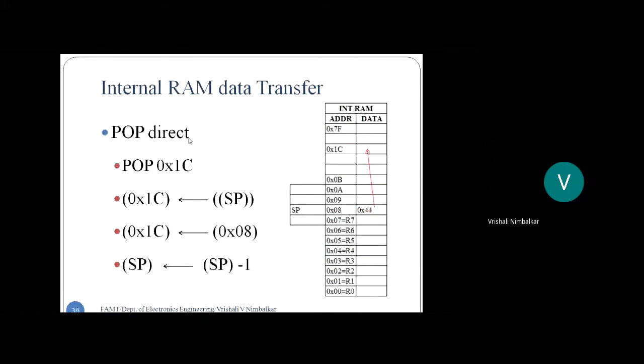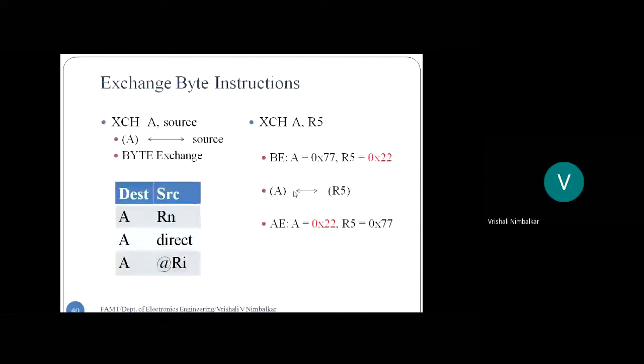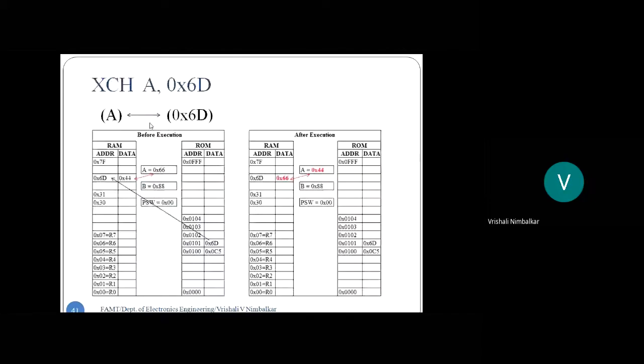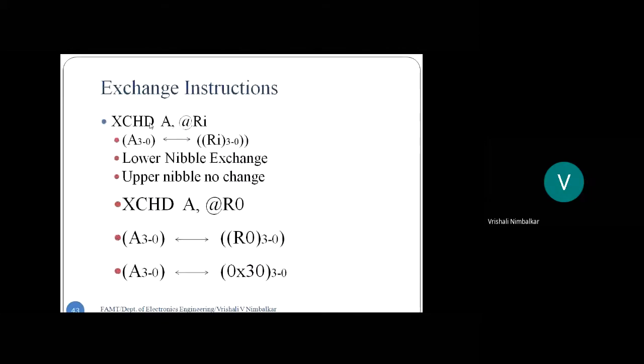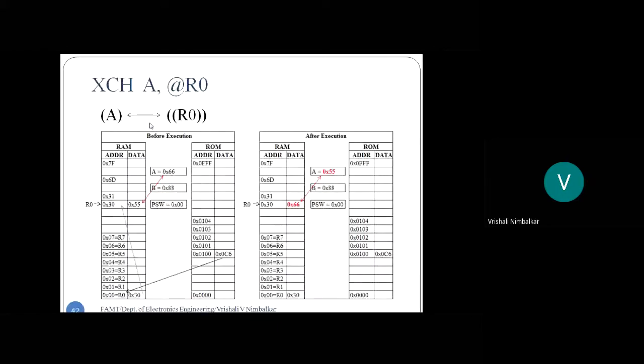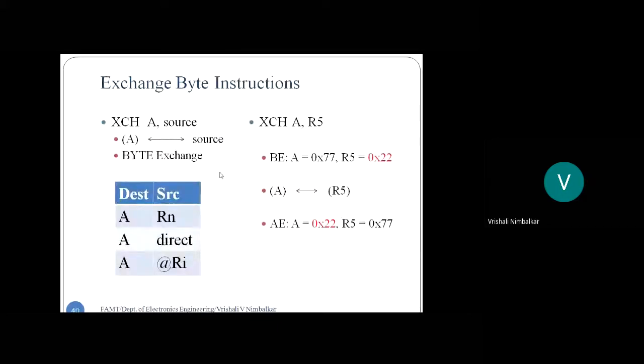Fine, students. And now we will go for the last two instructions left in data transfer, exchange XCH and another one, XCHD. Okay. So the exchange instruction is exchanging the data bytes. Up till now, whatever instructions we saw, take the data from the source and store it in the destination. Always we had a source operand somewhere and a destination somewhere else.